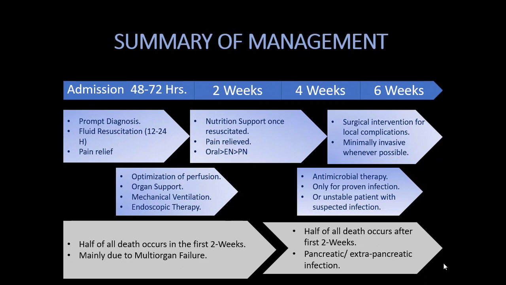Surgical intervention only for local complications, and a minimally invasive approach should be used whenever possible. Antimicrobial therapy only for proven infection or unstable patients with suspected infection. Half of all deaths occur in the first 2 weeks, mainly due to multi-organ dysfunction, and half of deaths occur after the first 2 weeks, mainly because of pancreatic and extrapancreatic infections.